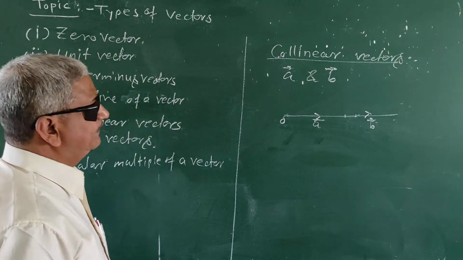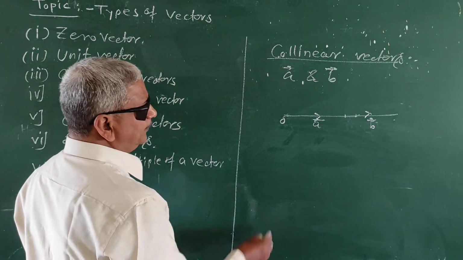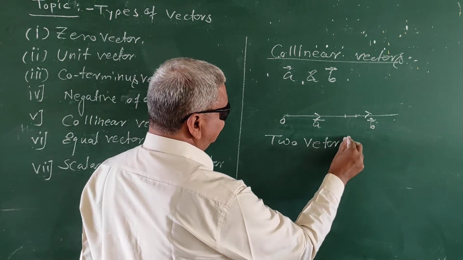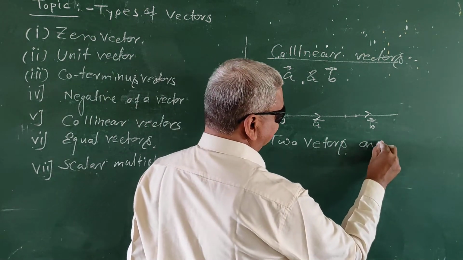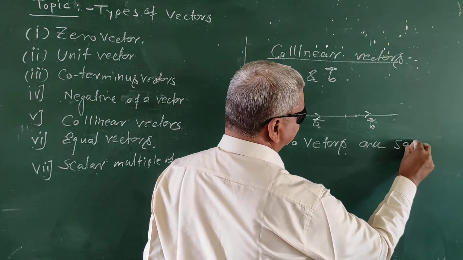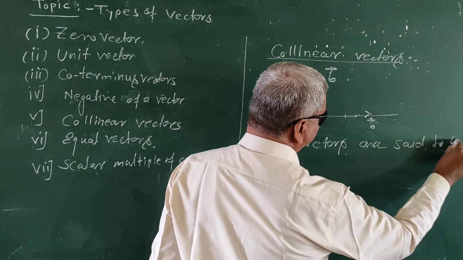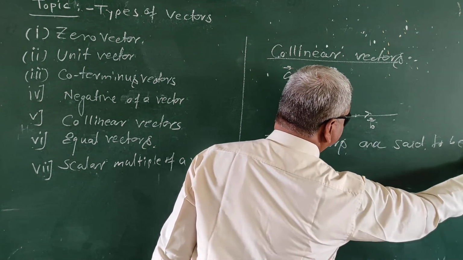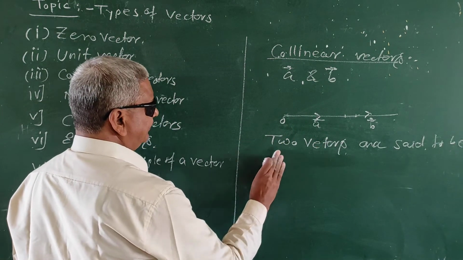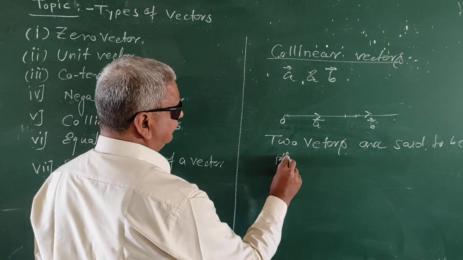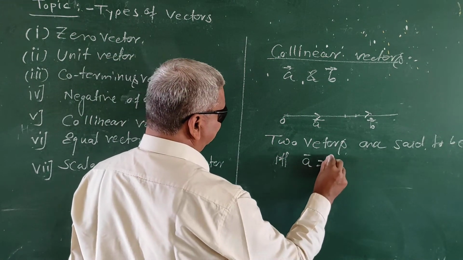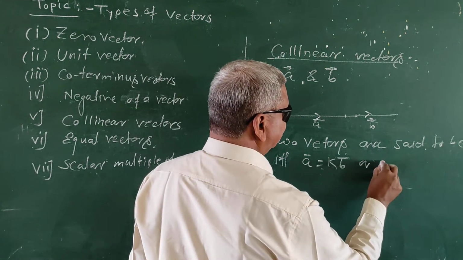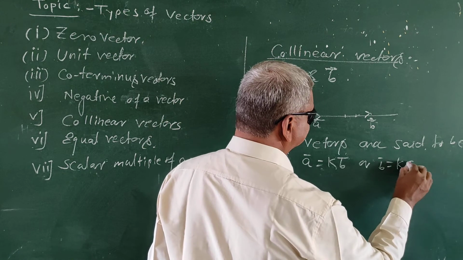And one thing, the property is very important. Two vectors are said to be collinear if and only if a bar is equal to k times b bar, or b bar is equal to k times a bar.